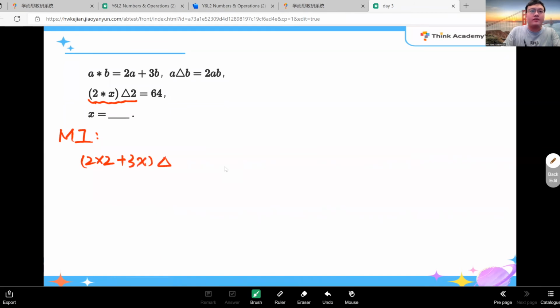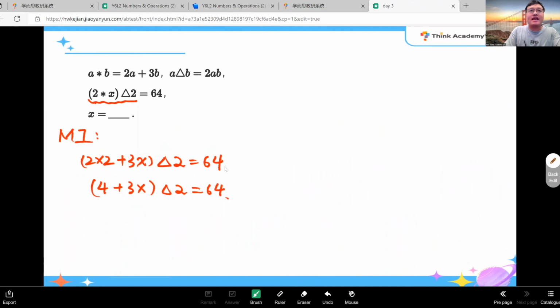With a star, with a triangle 2 equals to 64. All right. And we got, that should be 4 plus 3x, and then with a triangle and 2 and 64.